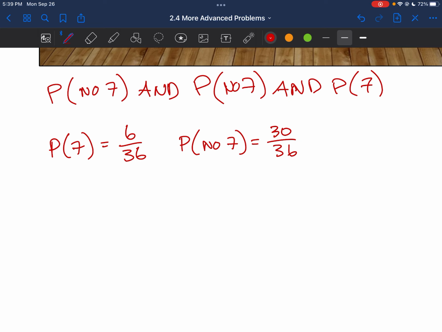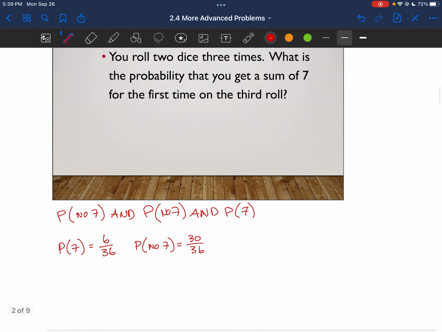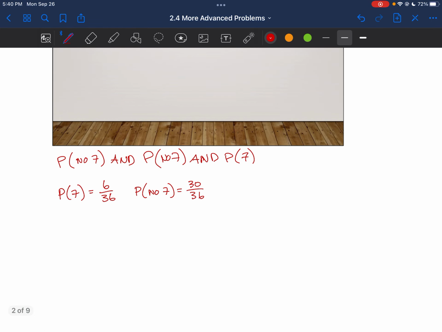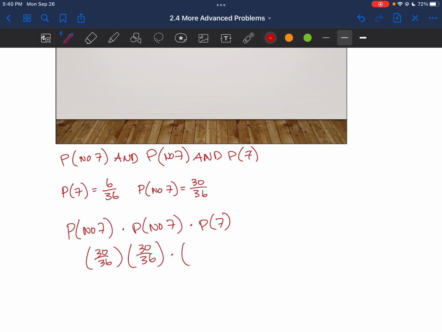So I want to roll a sum of 7, but only on the 3rd roll. So I'm going to do the probability of no 7, times the probability of no 7, times the probability of 7. So that's going to be 30 out of 36, another 30 out of 36, and then a 6 out of 36.